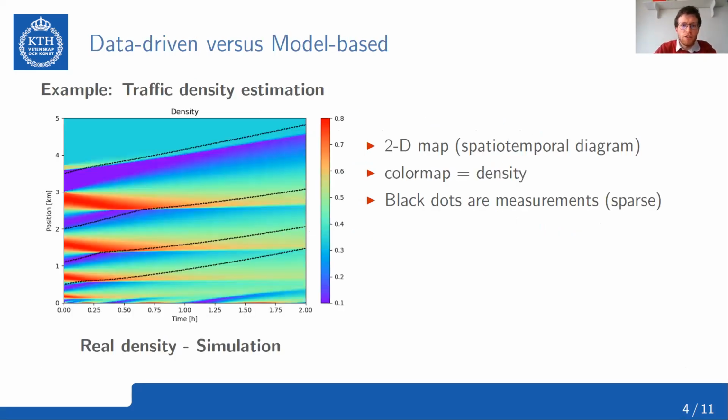So now let's move on to an example and why we are doing this. I am working specifically on traffic density estimation, so this example is based on that. This is a spatiotemporal diagram. I don't want to explain what it is, but just say that it's a figure that you want to reproduce.